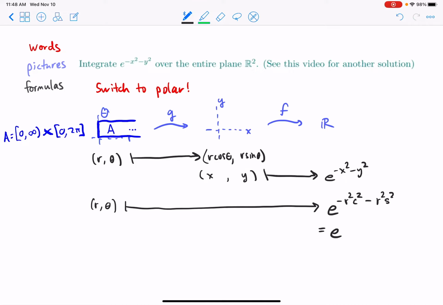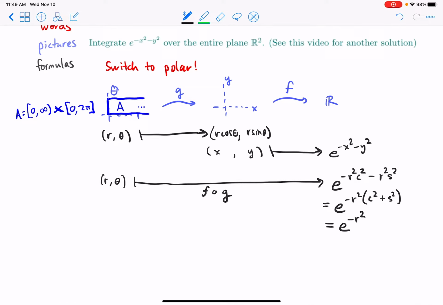But then I just factor out a minus r squared, and what remains is a cos squared plus a sine squared. Notice how the minus was pulled out and became a plus. But that's 1. Turns out this will be an easier function. This is the function f after g.